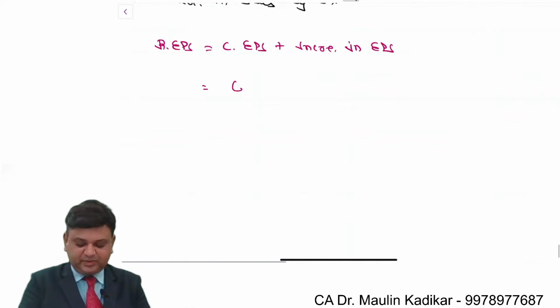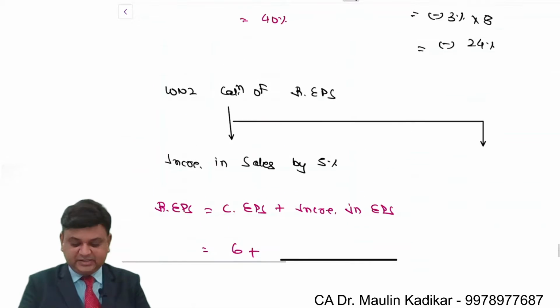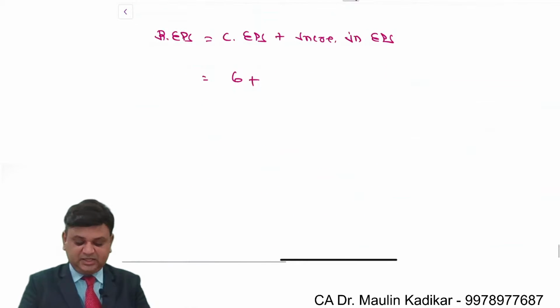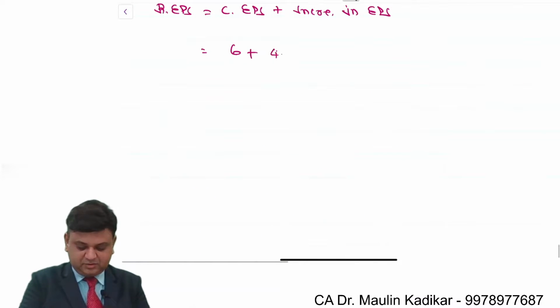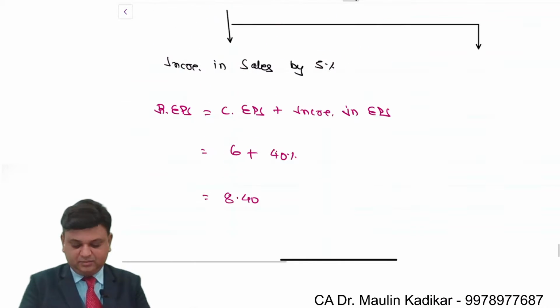So 6 rupees plus an increase of 40% comes to 8.40.